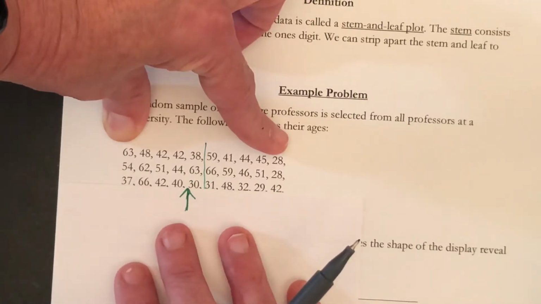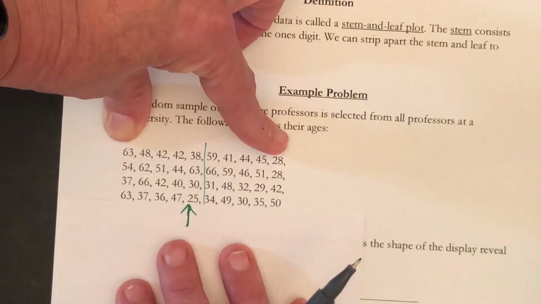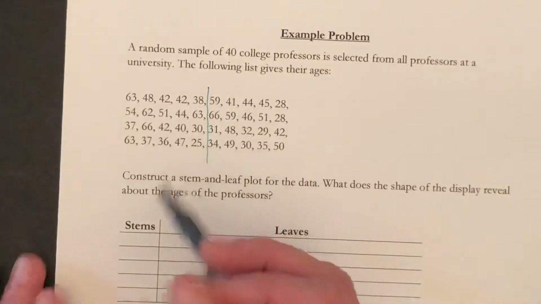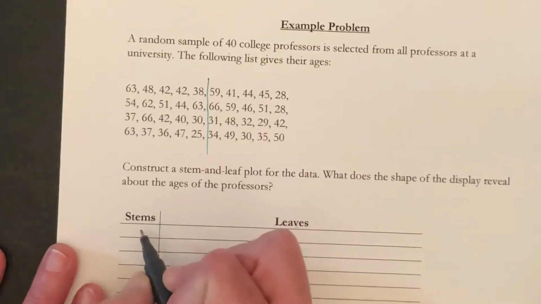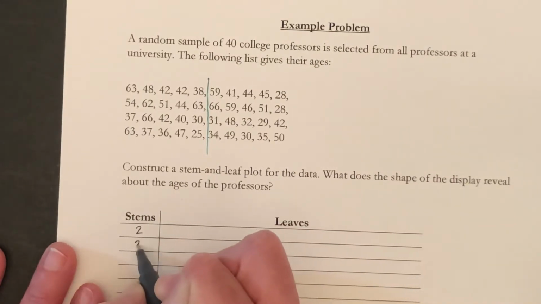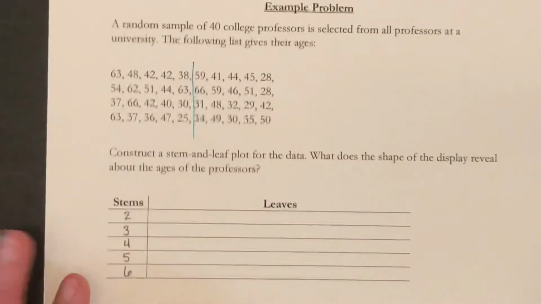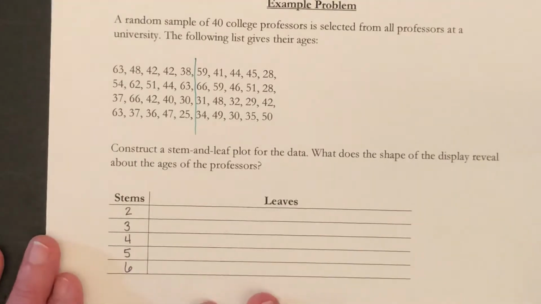I still have 60s and 20s. Okay, and that's it. So my smallest stem would be 2, and then 3, 4, 5, and 6. And that is the only time I need to write down my tens unit from now on.